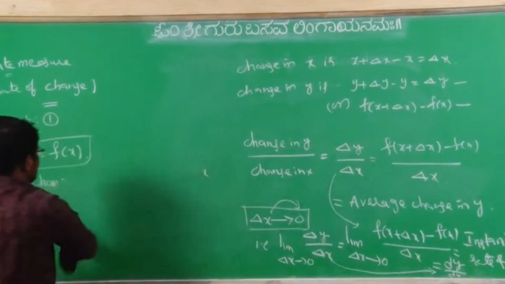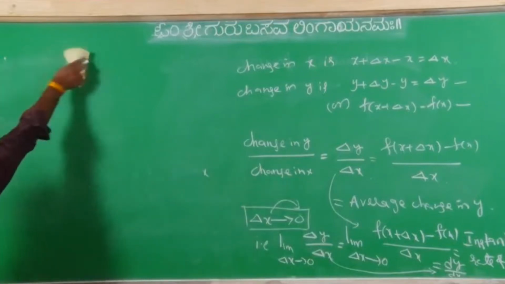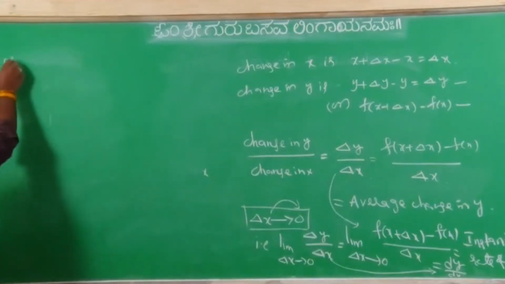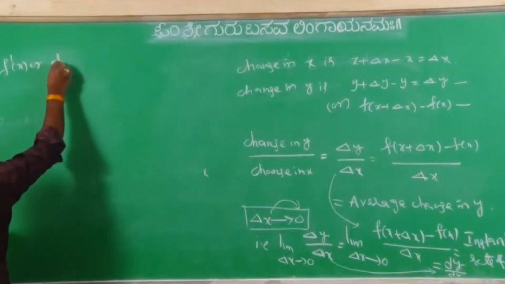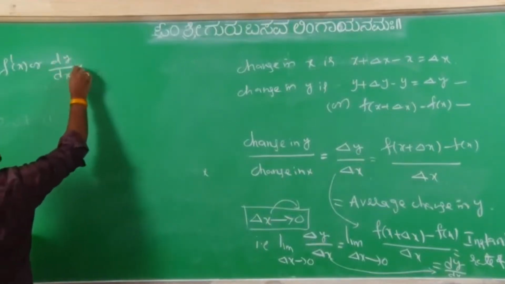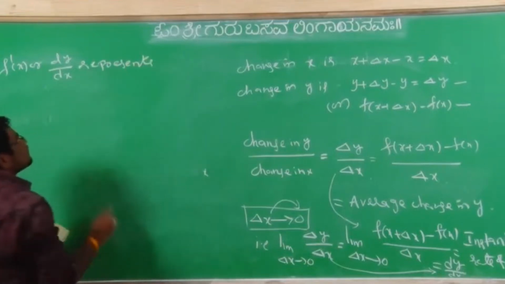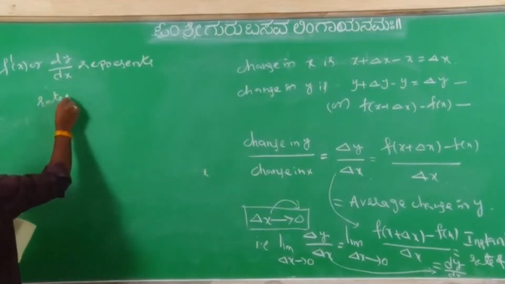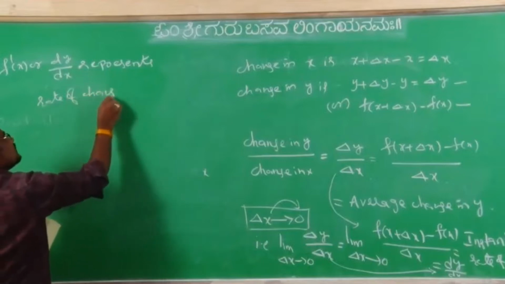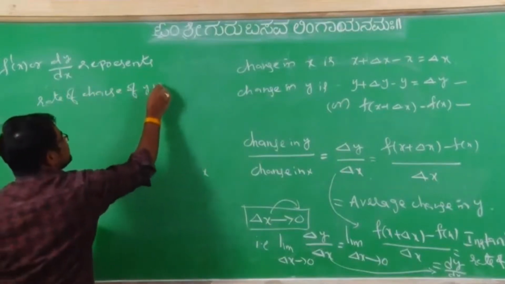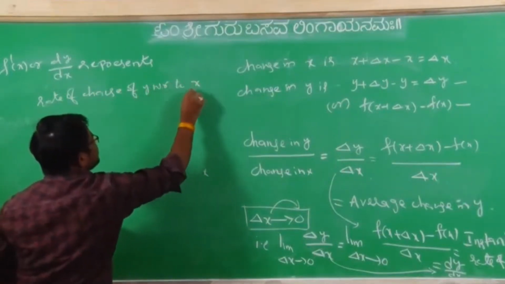And finally you can write it as f dash x, or dy by dx represents what? A rate of change of y with respect to x.